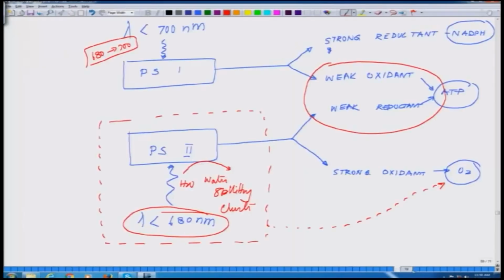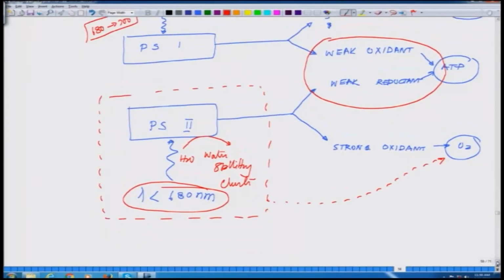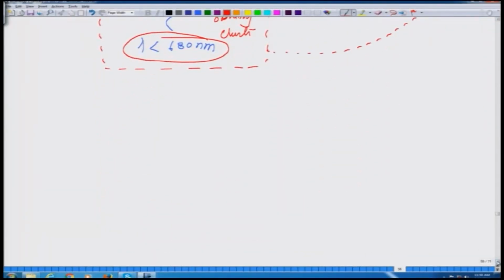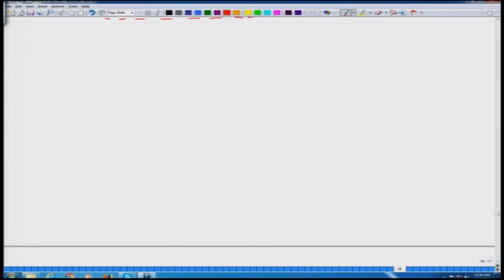So now at this stage, let's draw the 3 more aspects we'll be dealing with.